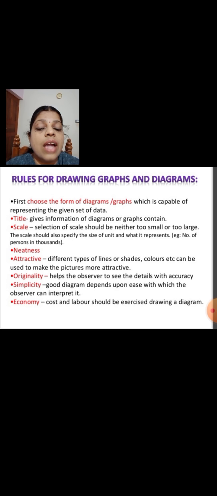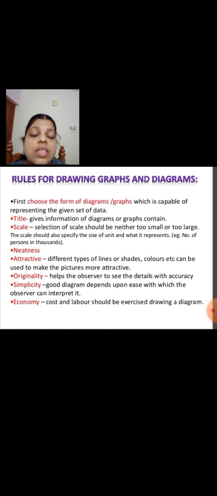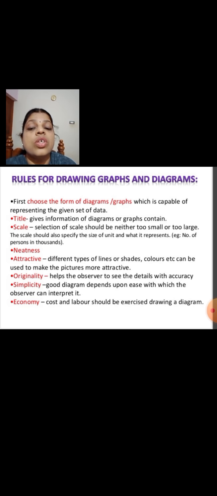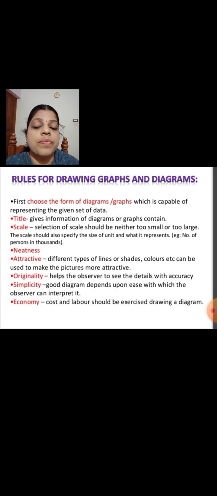So that is actually possible in the graphs and the diagrams. Even a person who is not aware of it should find it easy to interpret.